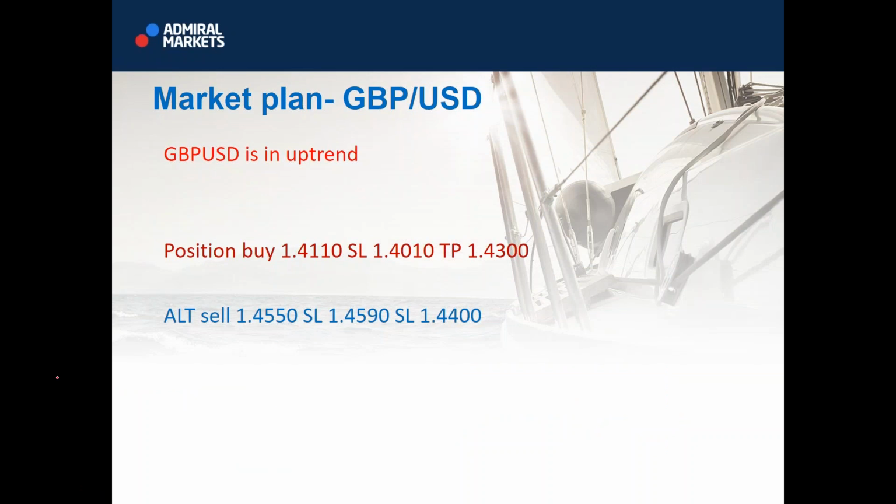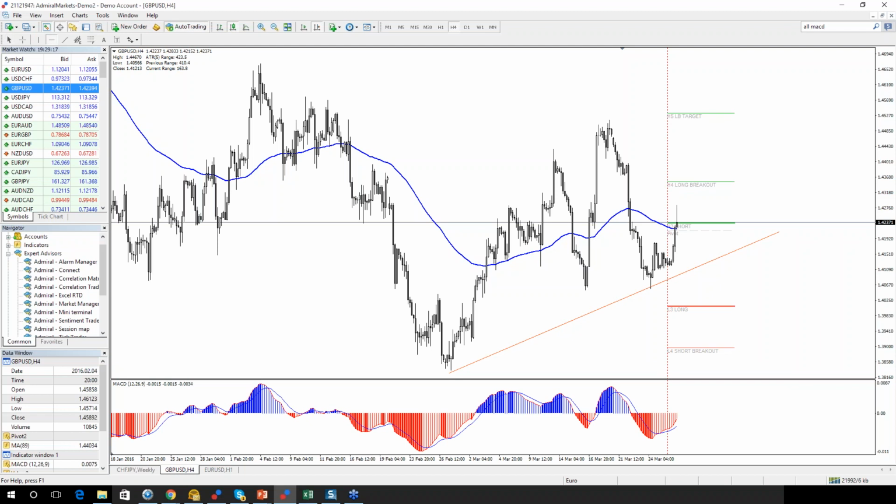41.10 buy position, sell position 45.50. So 41.10 buy position. See here? See how many rejections there are, guys. I always say power of historical versus now moment buyers and sellers.